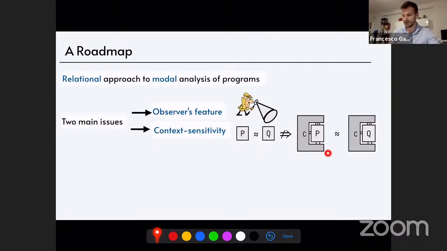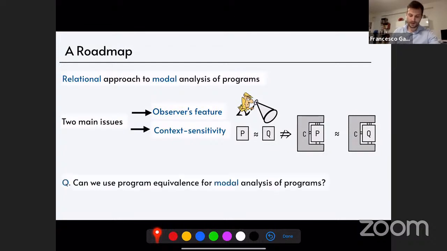The second one is that equivalence between programs is context sensitive. And so the question now is, can we really use program equivalence to perform this sort of analysis? And the answer is in the affirmative, but it requires us to move from an extensional setting, from a standard theory of program equivalence, to a different theory of program equivalence.